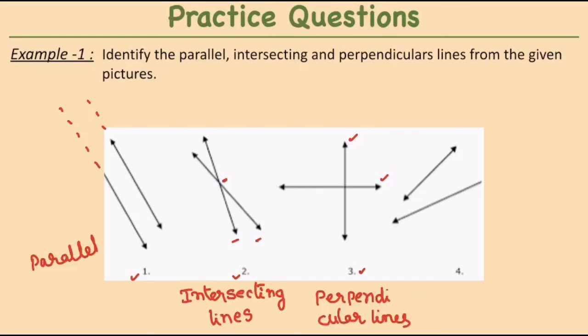And in question number 4, if we extend these lines, they will intersect at one place. So these lines are called intersecting lines.